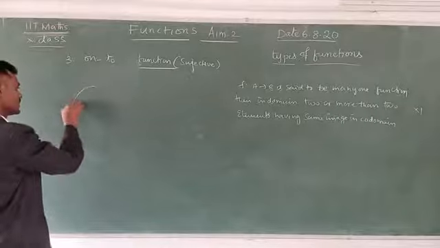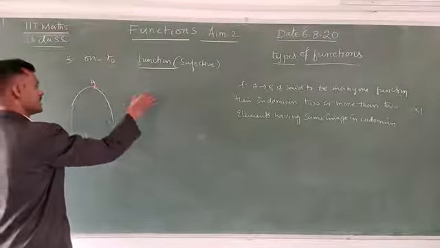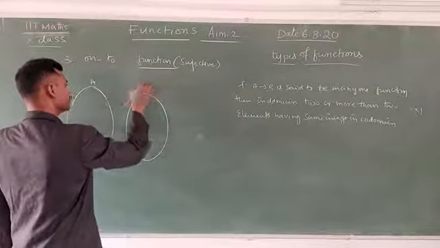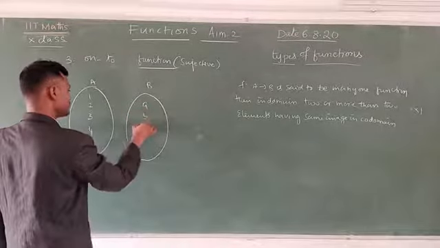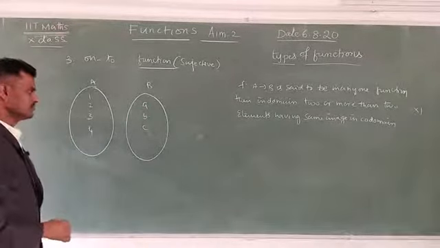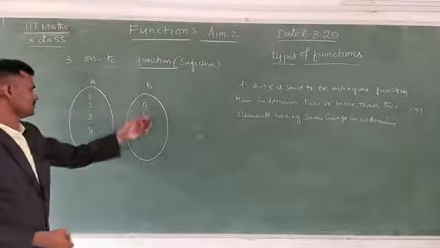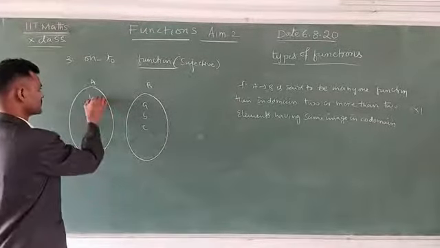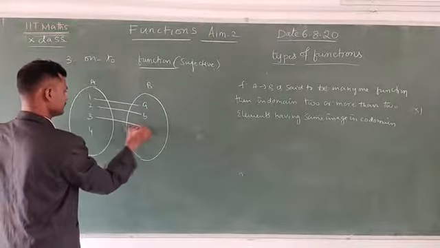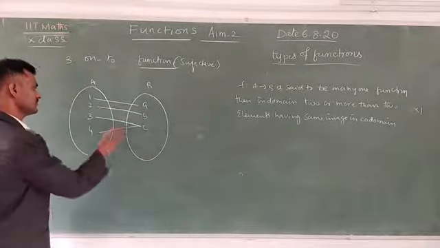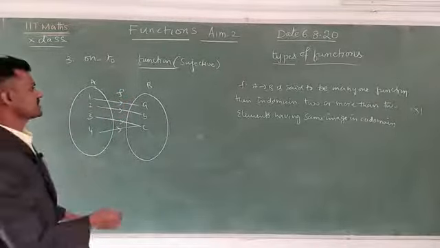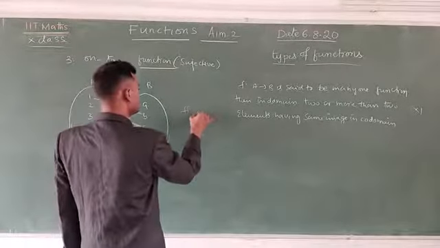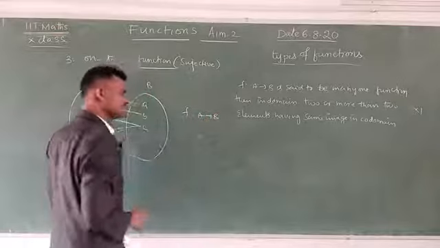See here, let A and B be 2 sets, 1 2 3 4, here A B C, 3 elements are given. Okay, F is a mapping from A to B said to be onto function.